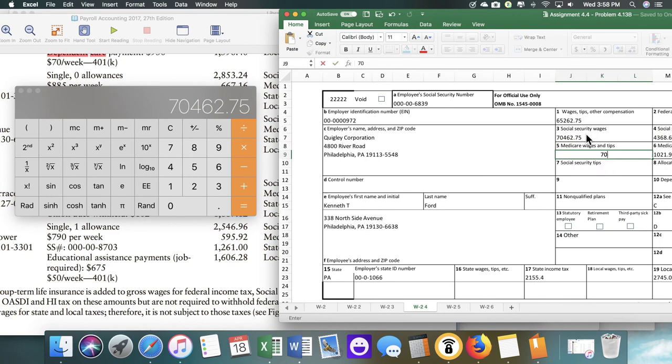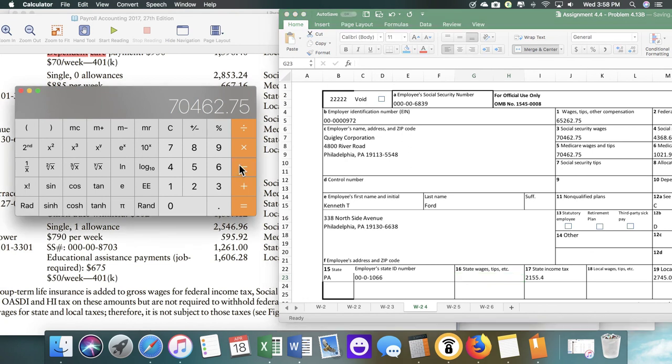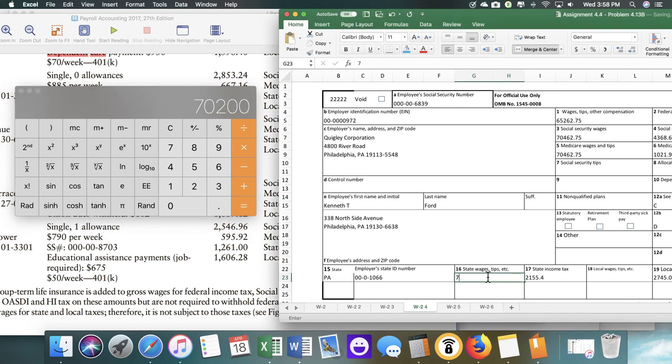And unfortunately, boxes 16 and 18 are going to be a completely different amount. To get the number for boxes 16 and 18, you're going to subtract out the $262.75. So that's just going to be $70,200.